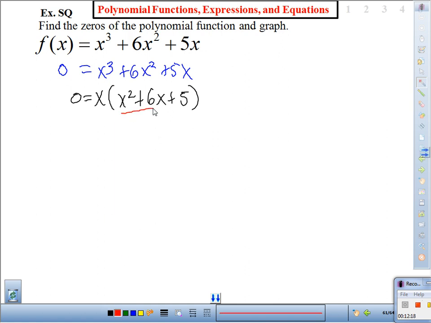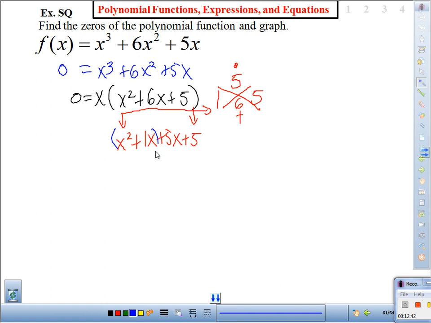Now, can we factor this one? Yes. Factors of 5 that add up to 6. Very good. 1 and 5. So let's rewrite this: x squared plus 1x plus 5x plus 5.